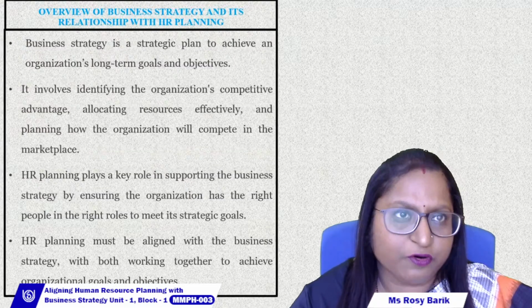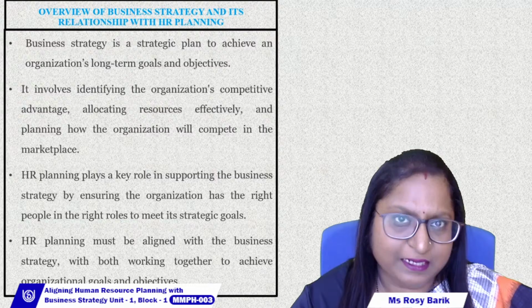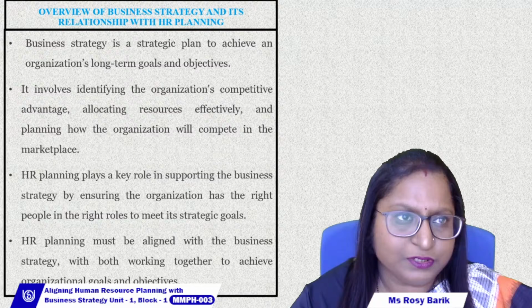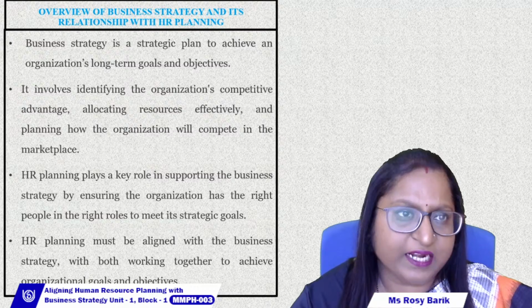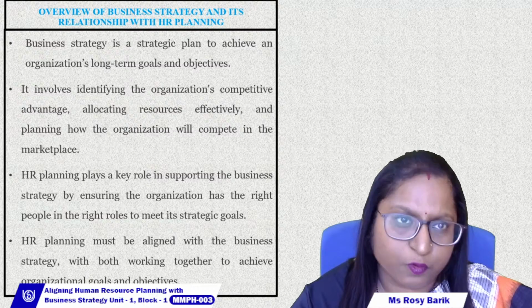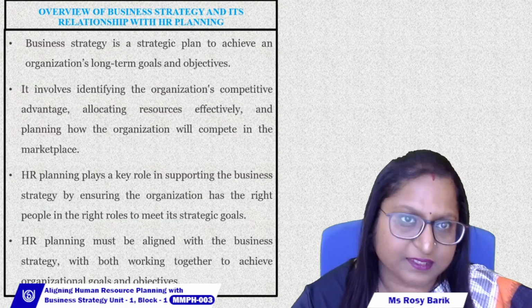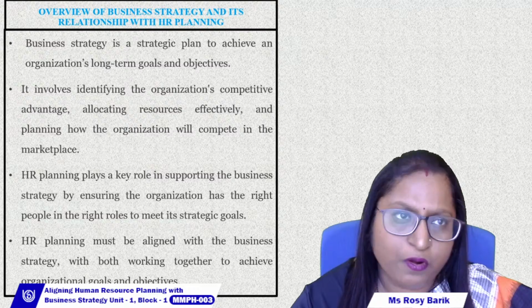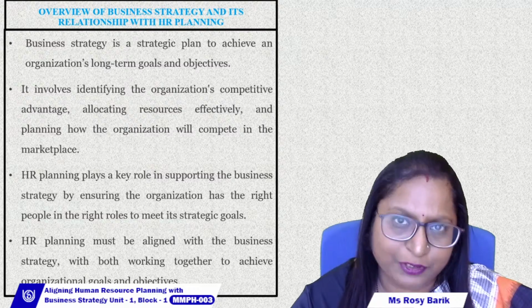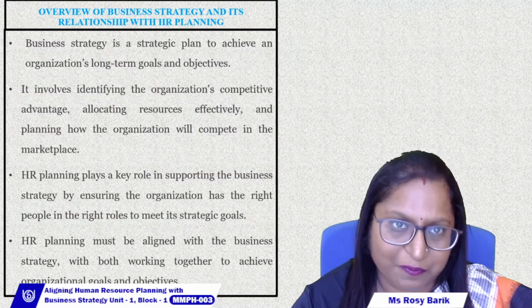Here, the overview of business strategy and its relationship with HR planning. So, we can see that business strategy is a strategic plan to achieve an organization's long term goals and objectives. Every organization has long term goals and objectives. So, business strategy is a strategic plan to achieve those goals and objectives.